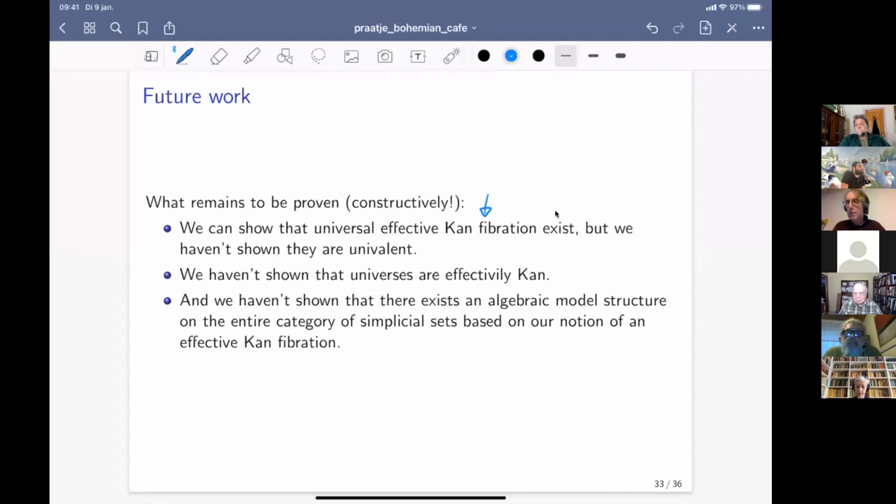The reason for them is that they want to use the standard definition of a trivial Kan fibration, where these things are cofibrantly generated by the boundary maps. And if you take that standard definition, then you can't prove that every simplicial set is cofibrant.